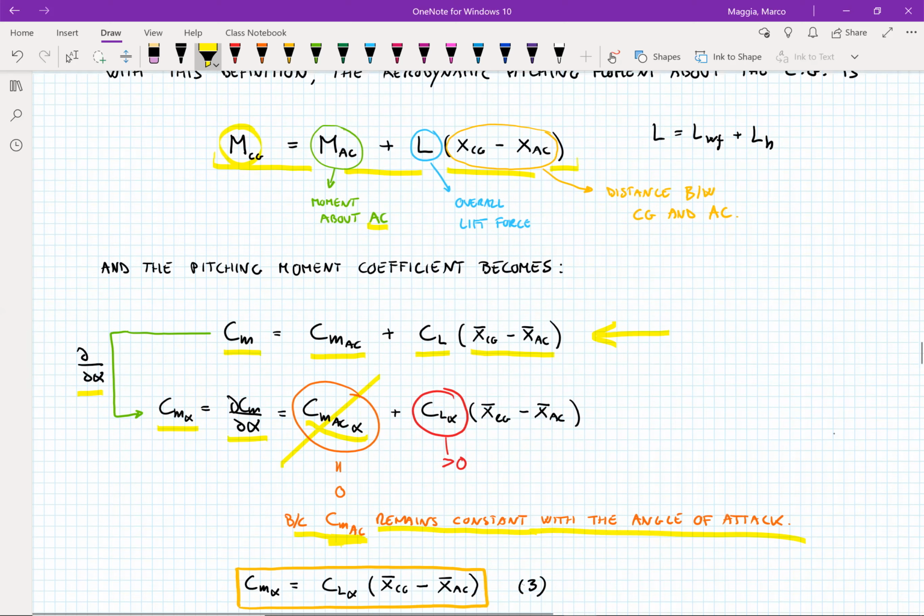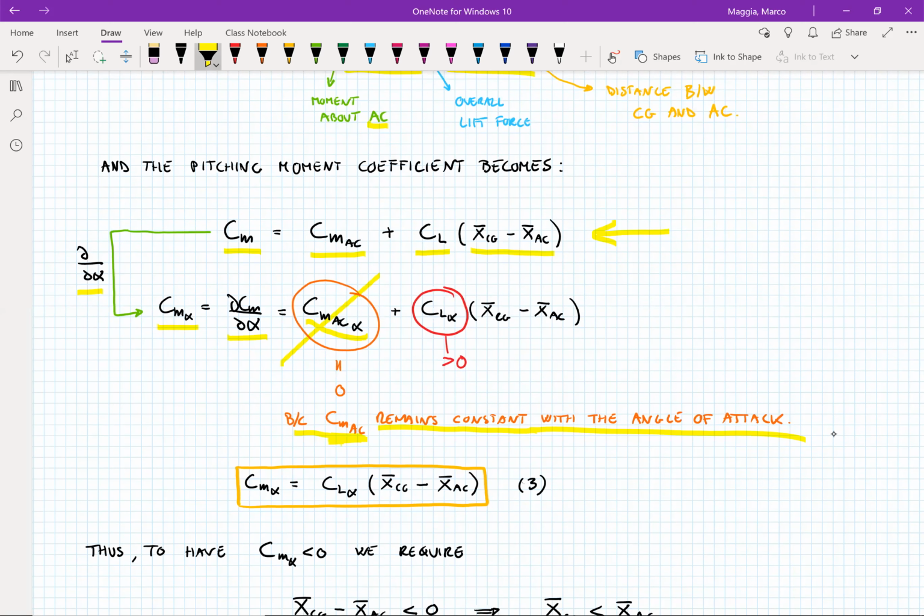From what we saw earlier, or in part 1, I should say, we know that Cl alpha is positive. Remember that Cl alpha gives you the slope of the Cl versus alpha curve. So Cl alpha is positive, at least for small angles of attack.